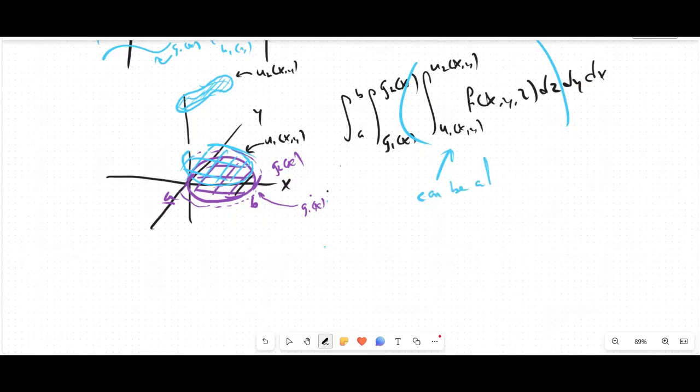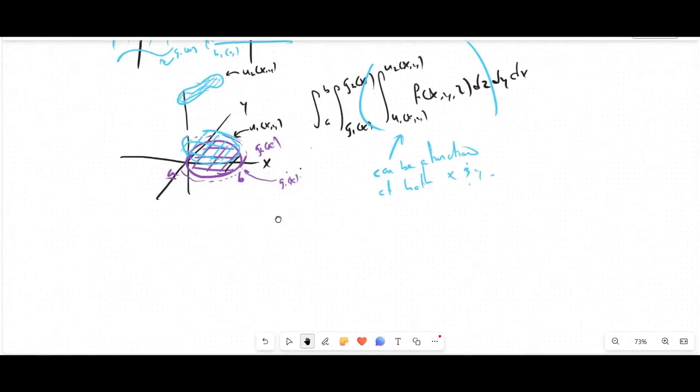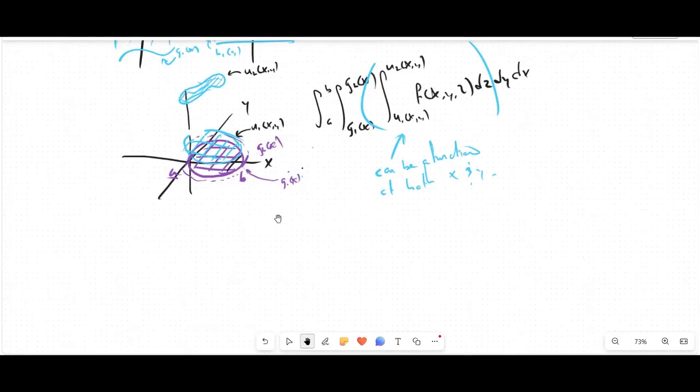This can be a function of both x and y. This is the part that I think is hard for people to understand.